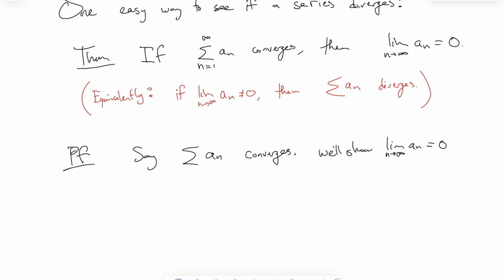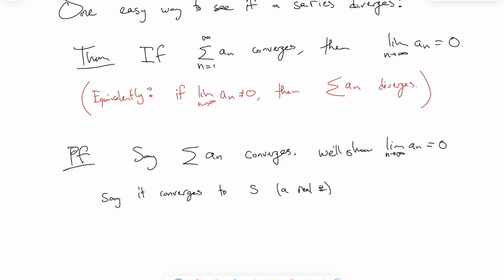Now, let's give what it converges to a name. Let's say it converges to some value, I'll call it S. This is a real number. When you say the series converges, that means it actually adds up to something.